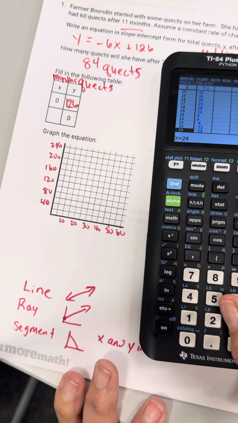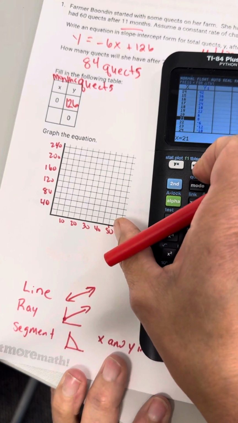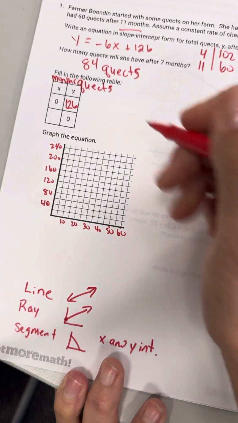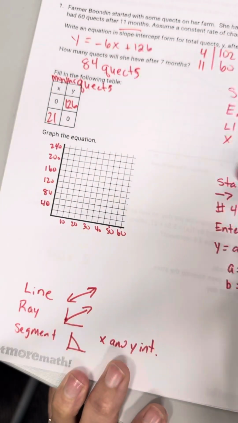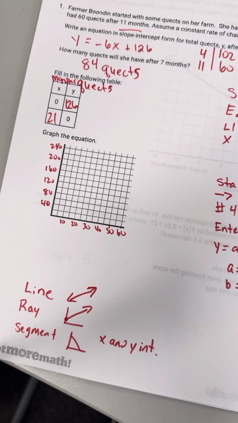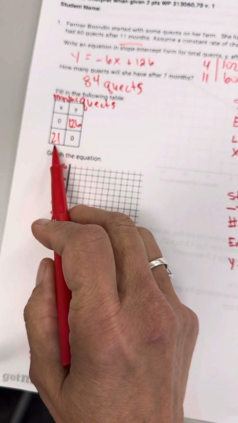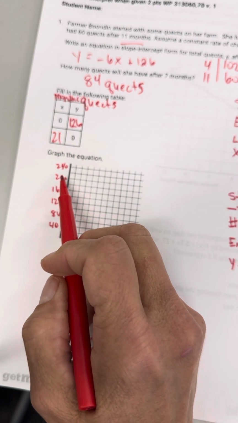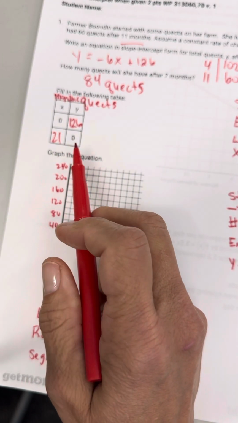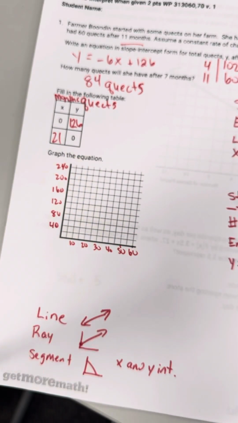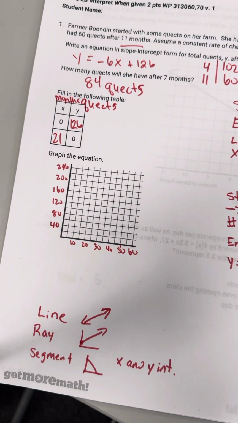So I'm looking for when y equals 0. So y equals 0 at 21 months. So in 21 months, you're going to have none. So if they ask you how many are you going to have in 25 months, it's still 0. So even though your equation will go in the negative, you're not considering the negative.